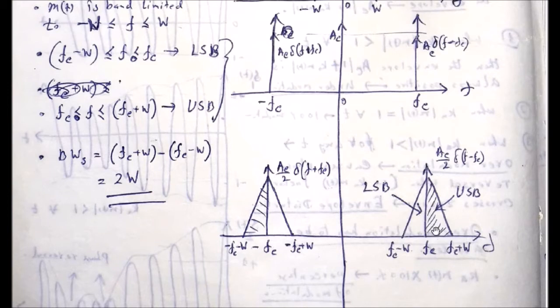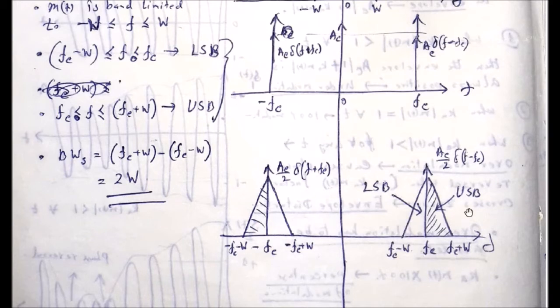So this one and this one are nothing but mirror images containing the same information. This one starts from fc and ends at fc plus W. These are the higher frequency components, called the upper sideband. And this one starts from fc minus W and ends at fc; these contain the lower frequency components, called the lower sideband.